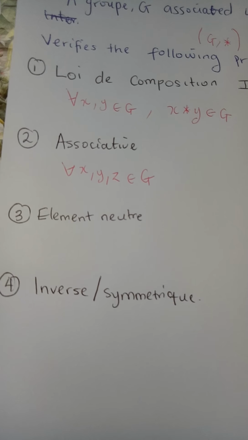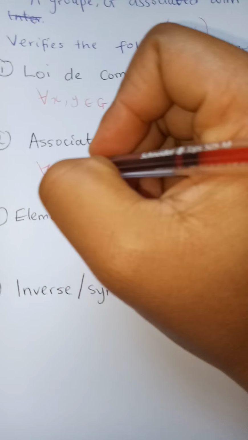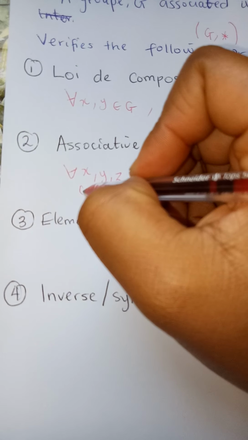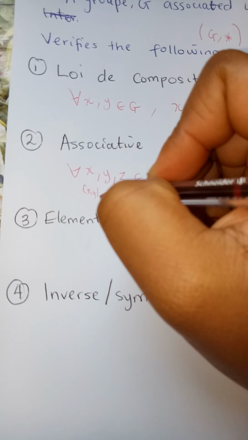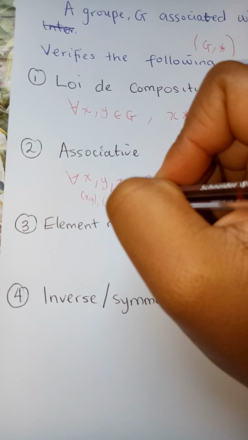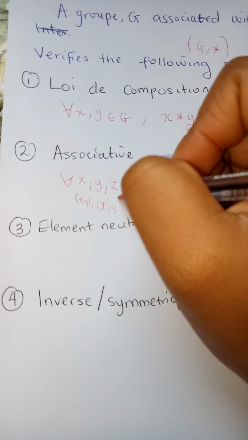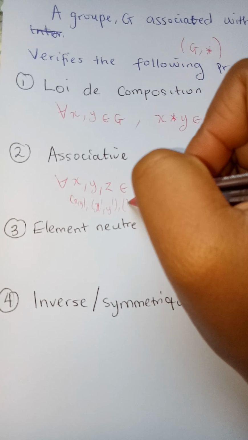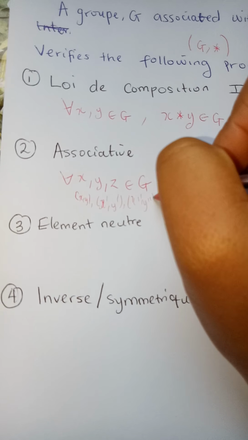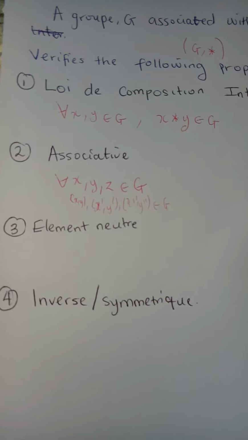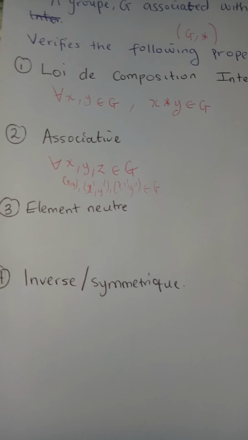If it's a couple, it will be, let me say, X, Y, X prime, Y prime, X prime prime, Y prime prime, tout appartient à G. That is if it is a couple.